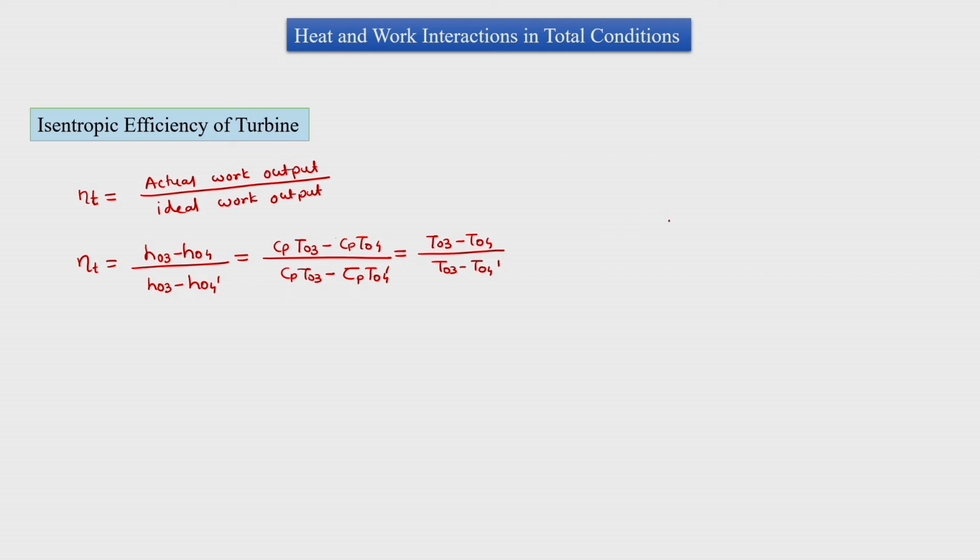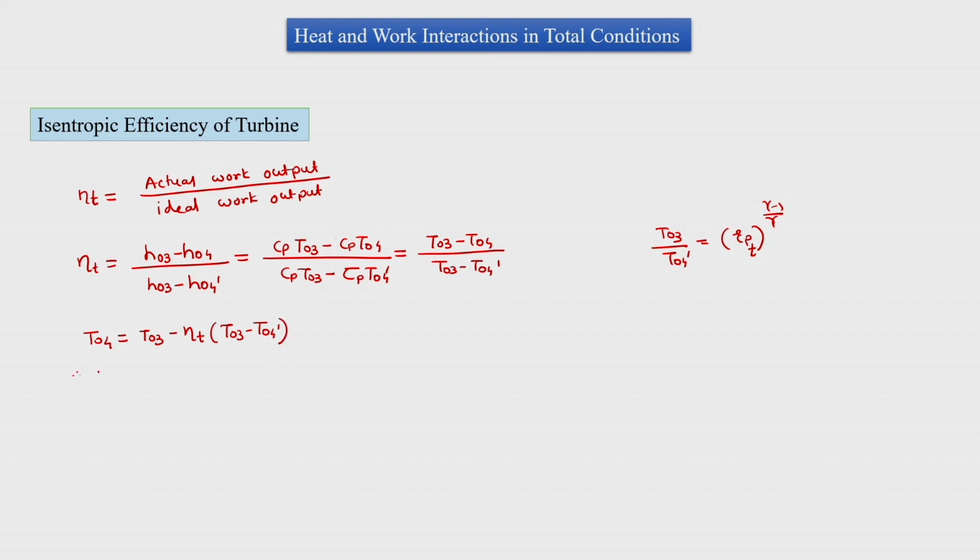Here, as expected, the known quantity will be T03. From this known quantity we can calculate T04 dash using the relation which says Rp T bracket raised to gamma minus 1 upon gamma. Our aim here is to find T04, and T04 is equal to T03 minus efficiency of turbine into T03 minus T04 dash.